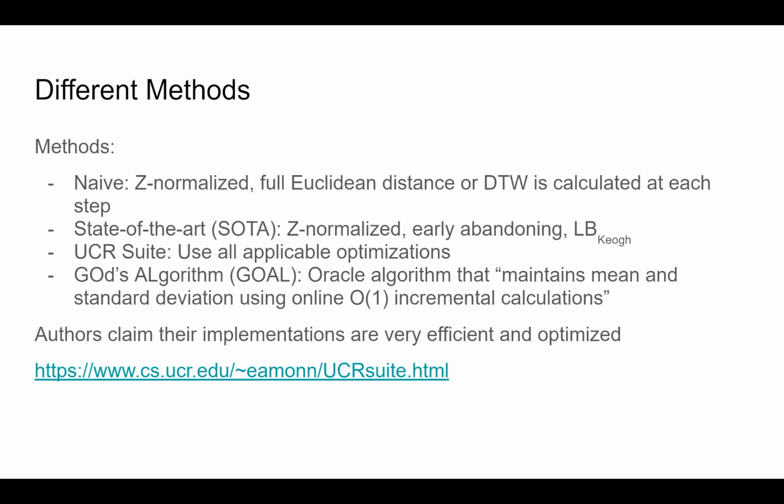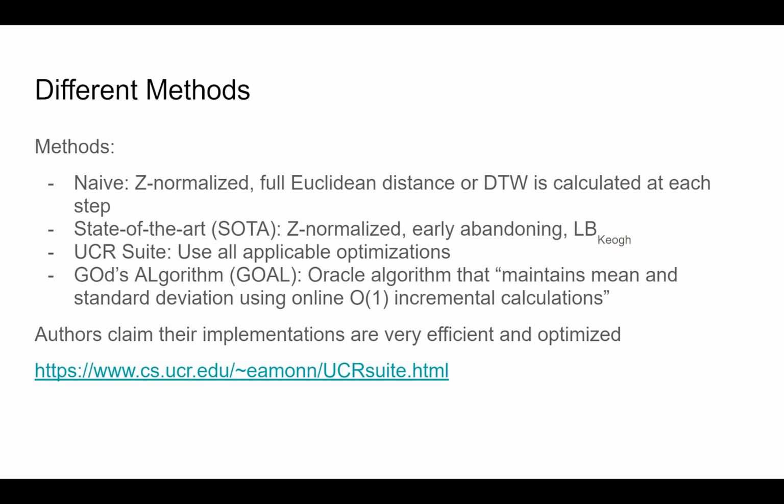And lastly, GOAL is an oracle algorithm that maintains mean and standard deviation using online O(1) incremental calculations. You can also think of this as essentially pre-computing everything, storing all of those numbers, and then evaluating later on in an online fashion that allows you to achieve O(1).